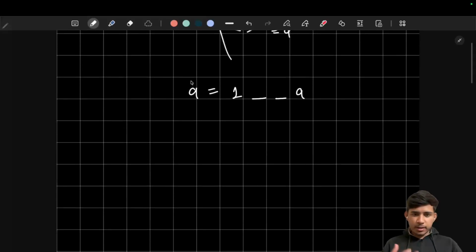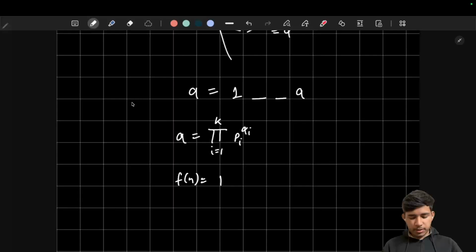So let's think about a representation of A. A can be represented as a product of prime factors, like prime factorization, where p_i is a prime number and alpha_i is a whole number. The number of divisors it has can be written using this function.